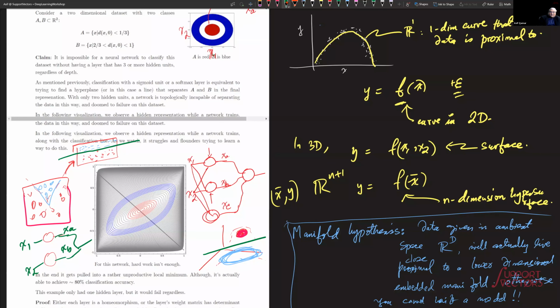So let's take this as a homework and say, what does xa, xb space look like? Play around with it. It's very simple. You take a data set, something like this, and you just feed it to a hidden layer with 2 nodes, and then you get your answer.